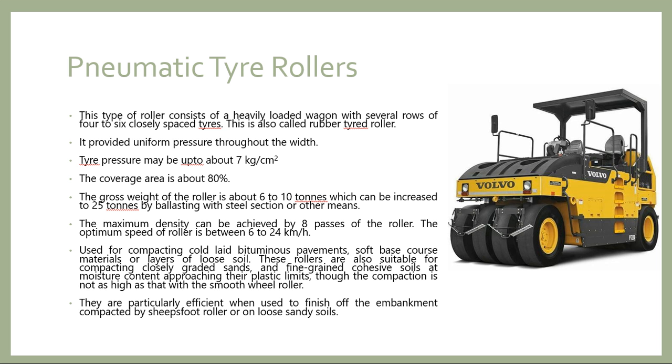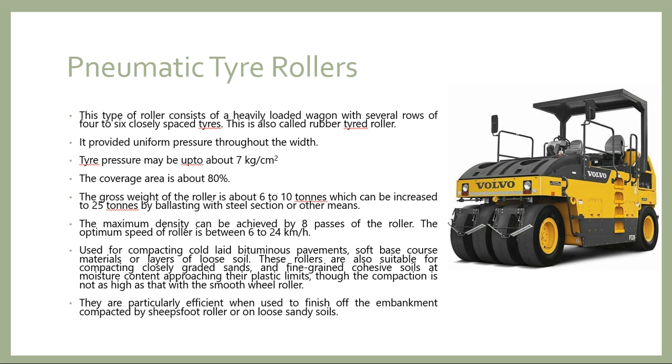That's why it's called a rubber tired roller or a pneumatic tire roller. It provides uniform pressure throughout the width, the tire pressure required is up to 7 kg per square centimeter, and it covers an area of about 80%.